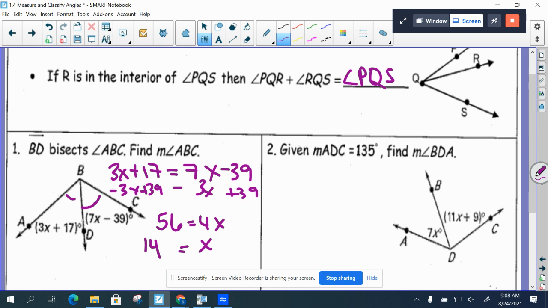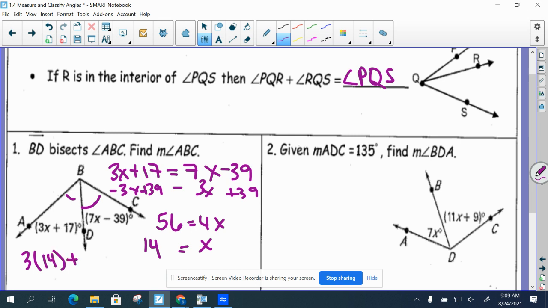Right. Now once I get x, you have to plug it into one of these expressions. And instead of doing both expressions, I would just do one expression and then double it to get the entire answer. So then what's 3 times 14 plus 17?